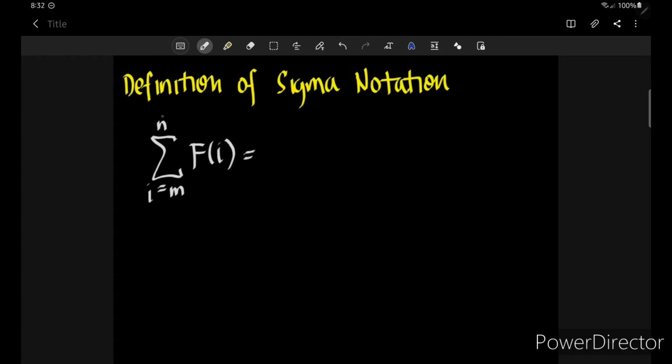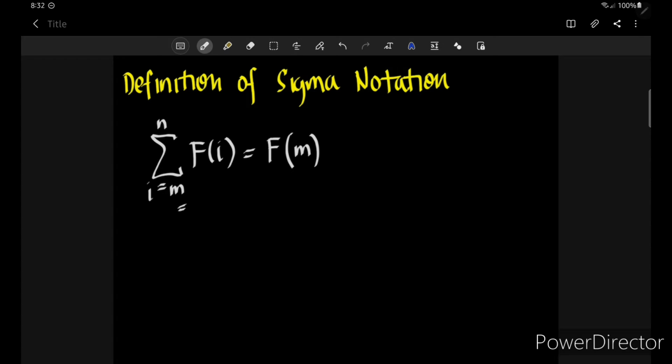In this case, we have the variable n. Now, if you notice, we have I equals M, meaning the variable we are running here is I. So, we start at M. We have f of M, since that is where we start, plus the next one after M, the next whole number, which is f of M plus 1.